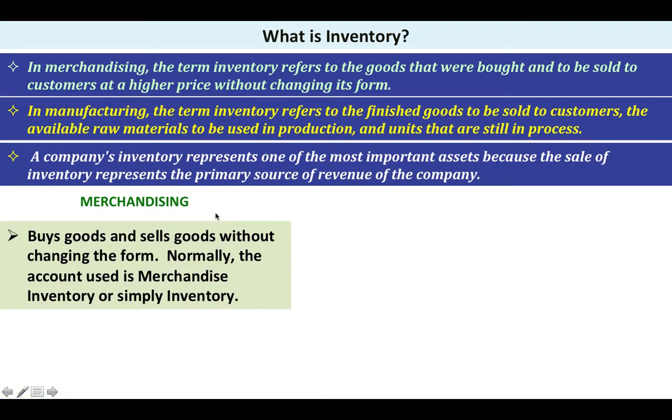Now, let us take a look at the business operations of a merchandising business. A merchandising business buys goods and sells goods without changing the form of the goods. Okay, so normally the account title used by a merchandising business is merchandise inventory or simply inventory.